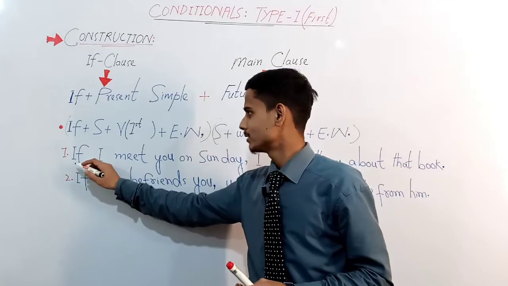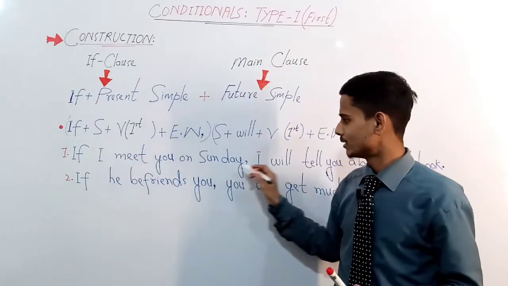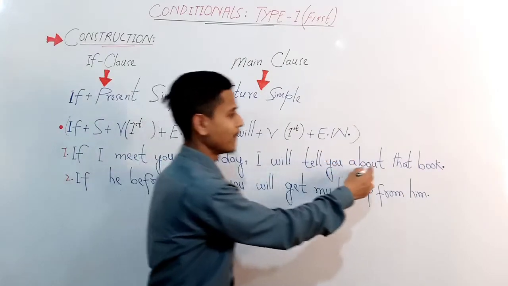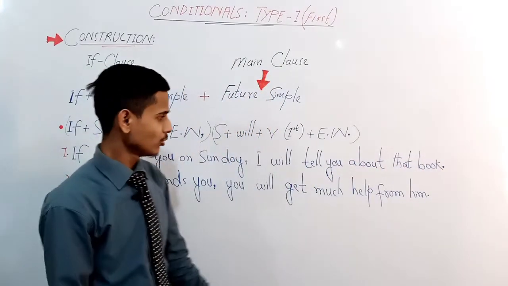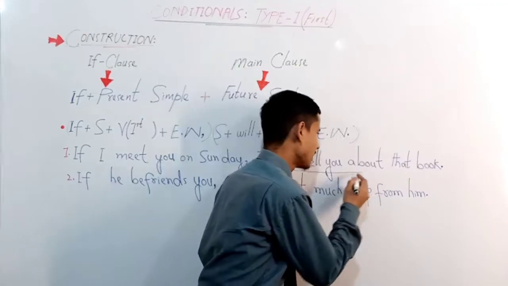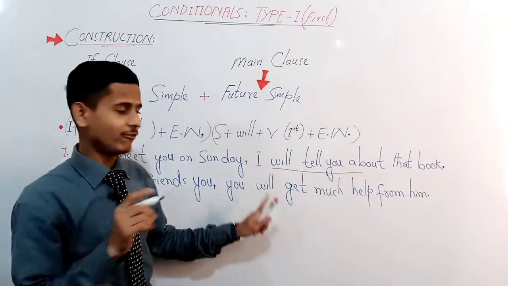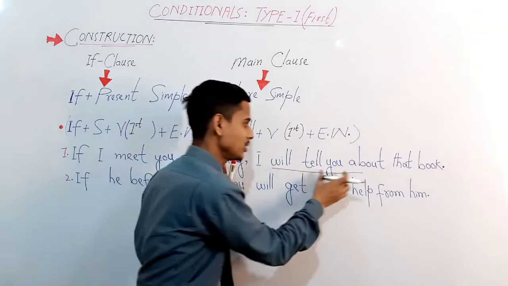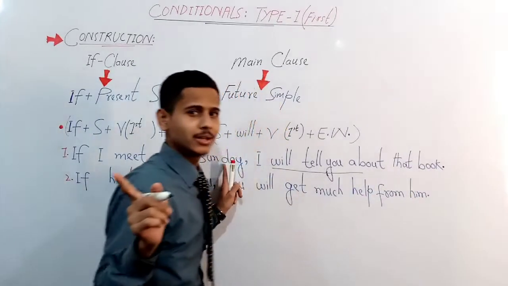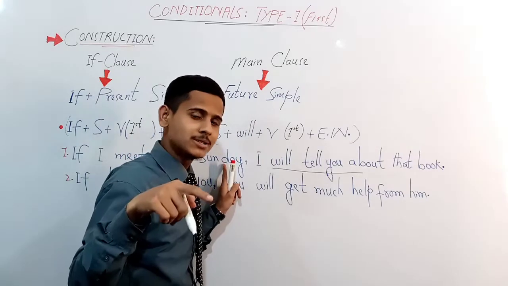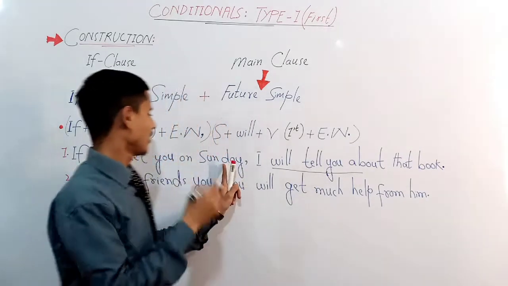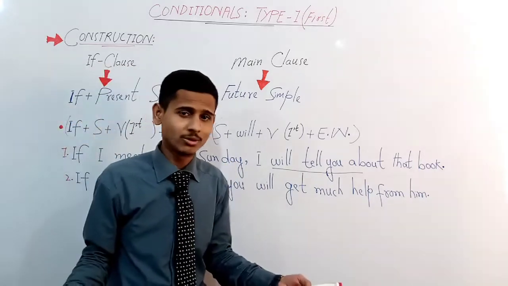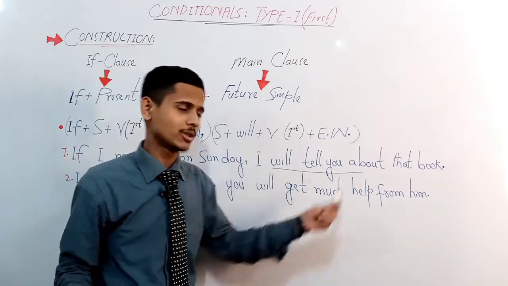The first one is, if I meet you on Sunday, I'll tell you about that book. So I'll only tell you about that book if I meet you on Sunday. Telling you about that book is dependent on meeting you on Sunday, because if I don't meet you on Sunday, how can I tell you about that book?